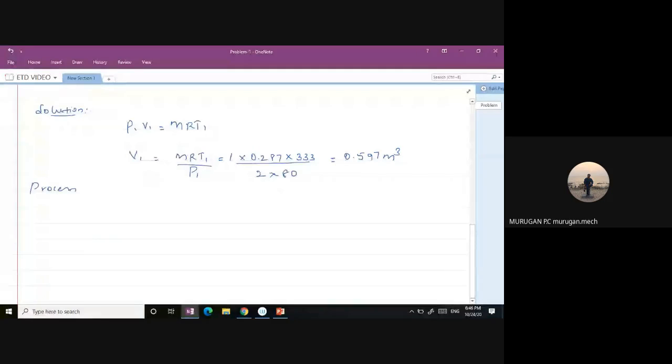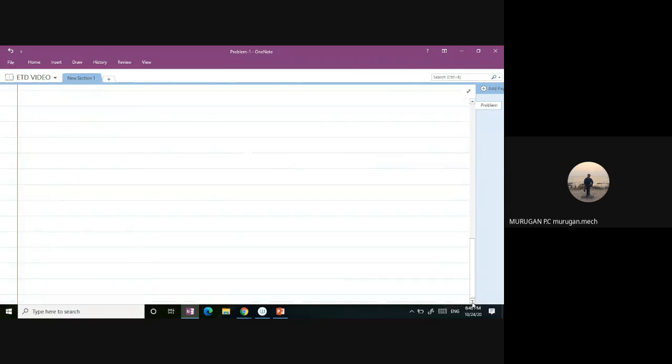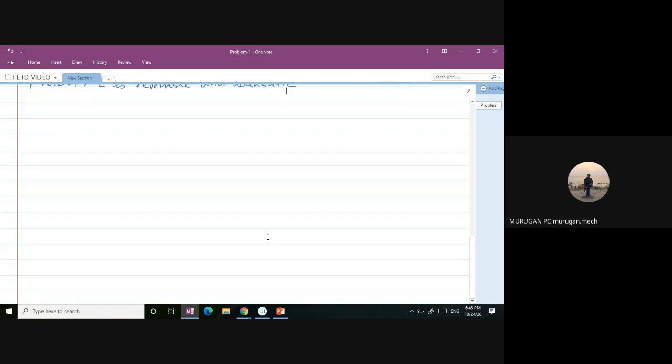Next, process 1 to 2 is reversible and adiabatic. From this relation, T2 by T1 is equal to P2 by P1 power gamma minus 1 by gamma, we have to find out T2.